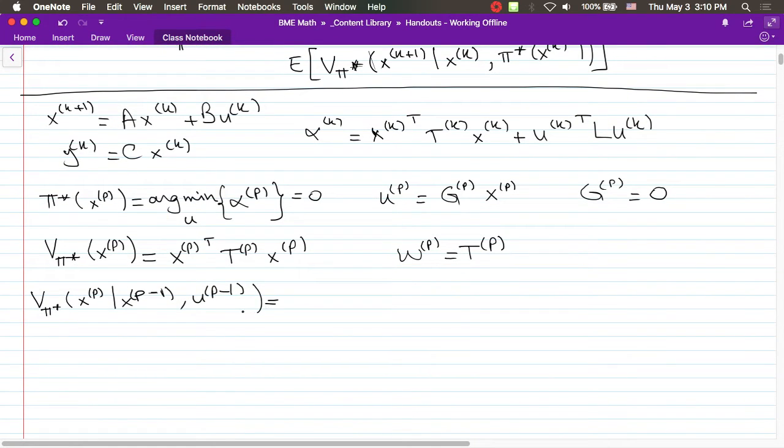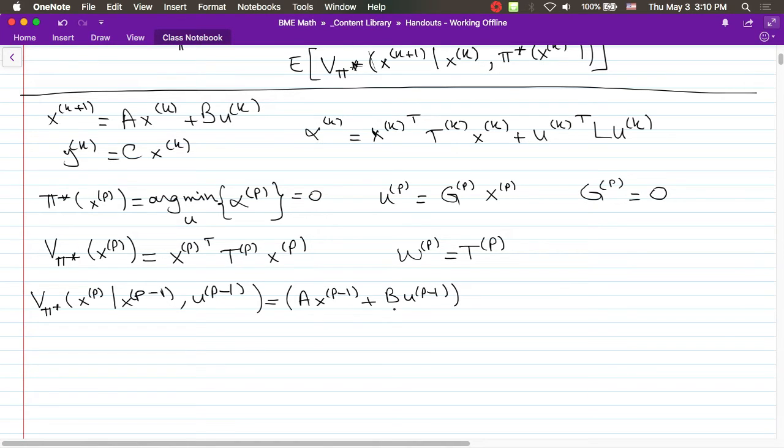Okay, so this function is just, given that I'm at x of p minus 1, and produce action u at p minus 1, then it's going to take me to some place that depends on the matrices A and B. So the value of that state is just this, but we're going to write it in terms of u of p minus 1. So it's going to be A times x of p minus 1 plus B times u of p minus 1.